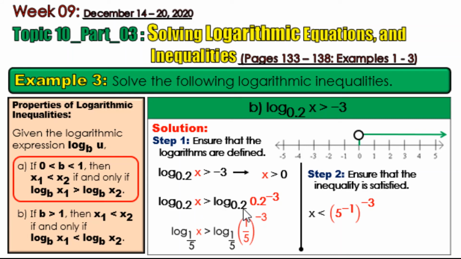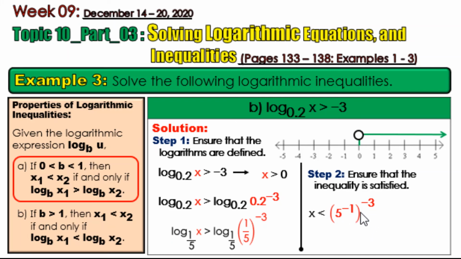the arguments of the inequality, we have x and 0.2 raised to negative 3, which is equal to 1/5, and this 1/5 can be expressed as 5 raised to negative 1, all raised to negative 3.